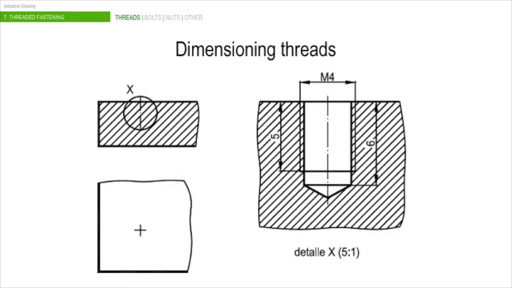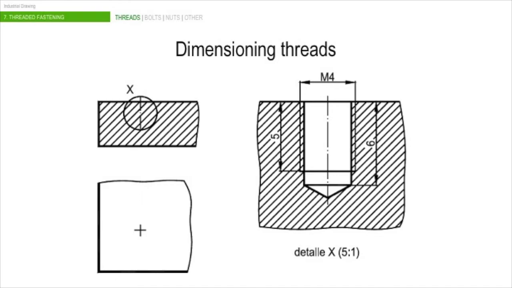Let's see how to dimension threads. In an internal hole, as you can see here in the right image, we are going to use 3 dimensions. 2 for the length of the hole and the threaded hole, and 1 for the diameter and the type of the thread. In this case, the M stands for metric.